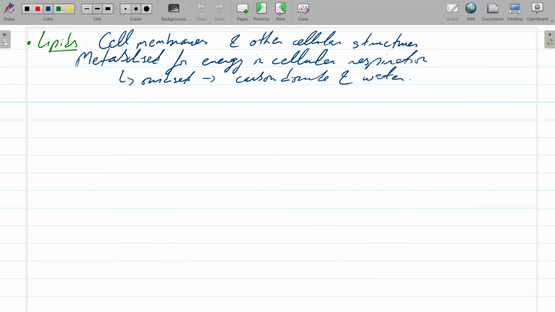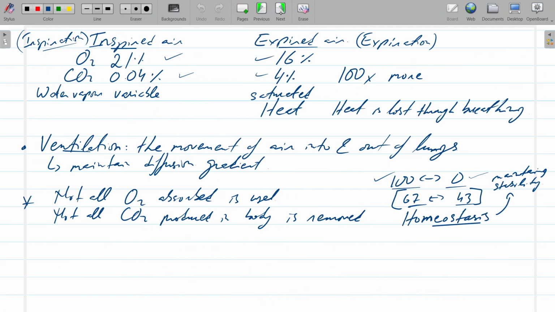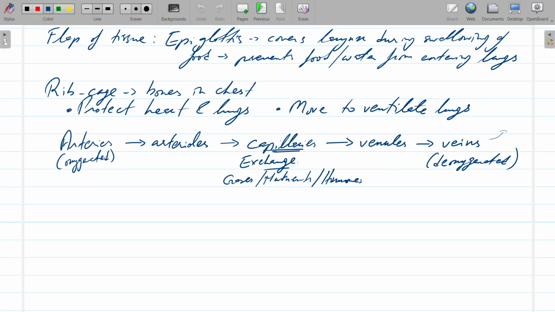So if you think that all veins have low oxygen and low nutrients, no. The hepatic portal vein is a vein, and so it is low on oxygen, but it has a very high concentration of glucose and amino acids. Why? Because that vein is coming in from the small intestine to the liver, and then it's going to carry that glucose and amino acids to the heart, and then go to the lungs.